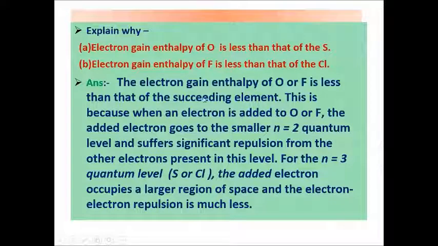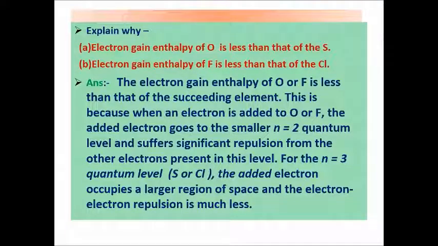This is because when an electron is added to oxygen or fluorine, the added electron goes to the smaller n equal to 2 quantum level, where it suffers significant repulsion from the other electrons present in this level.